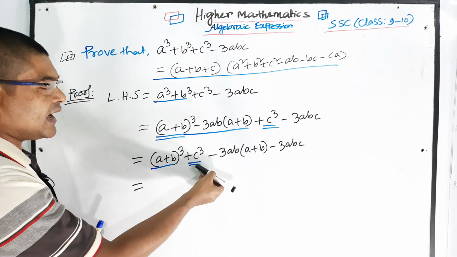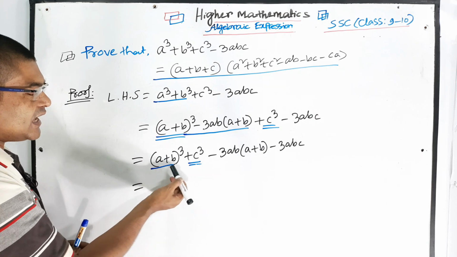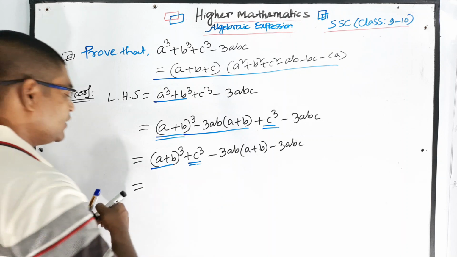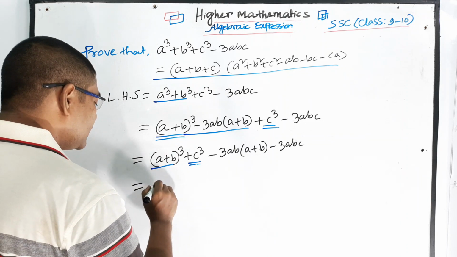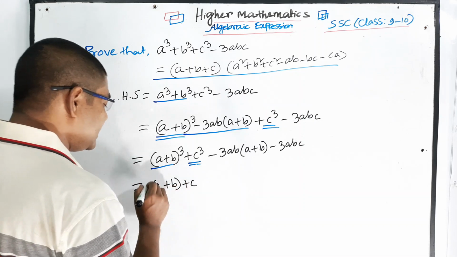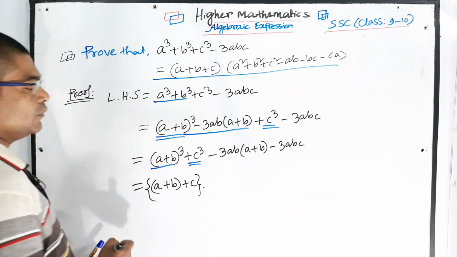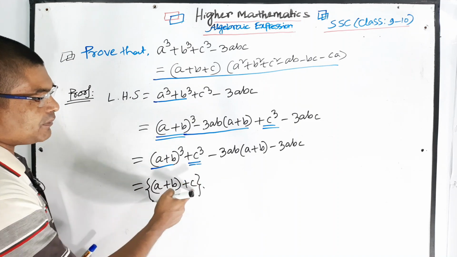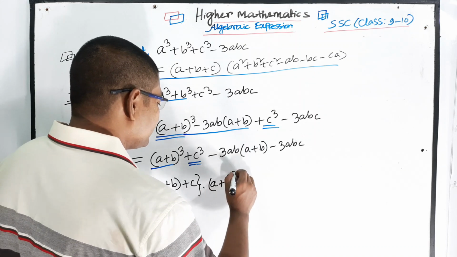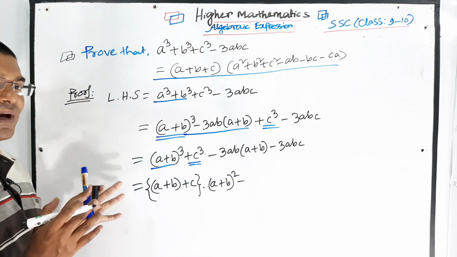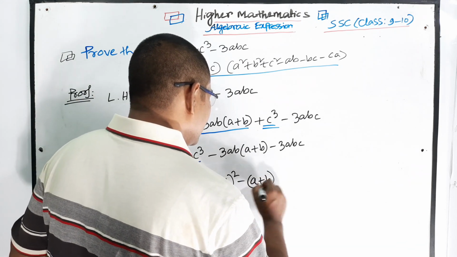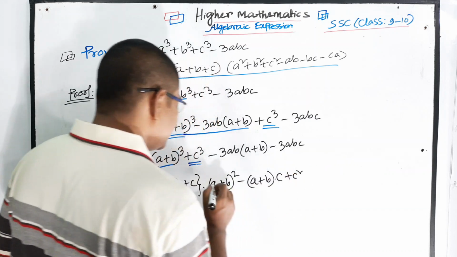In a cube plus b cube, you have to think this is a cube and this is b cube. So what is the rule? a cube plus b cube equals a plus b into a square minus ab plus b square.